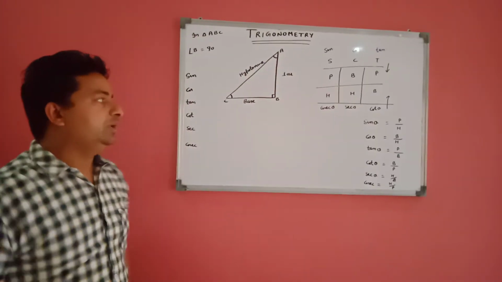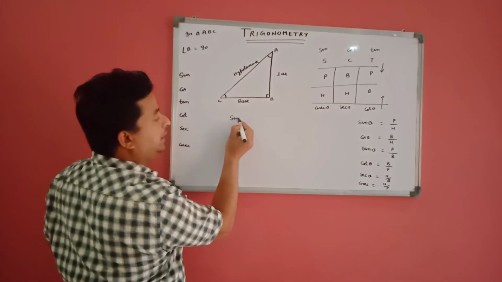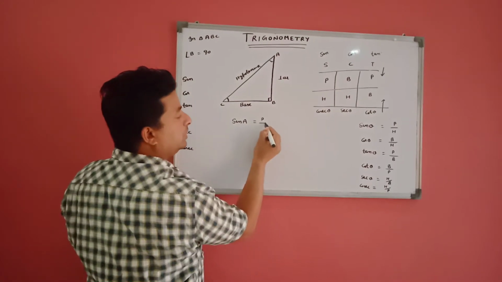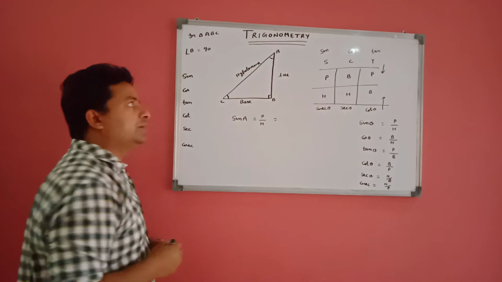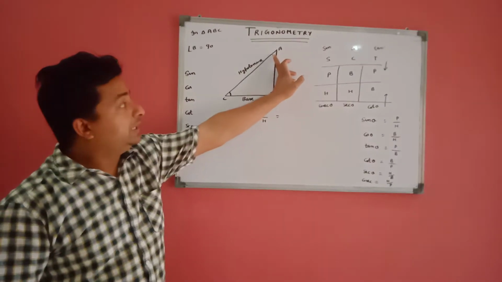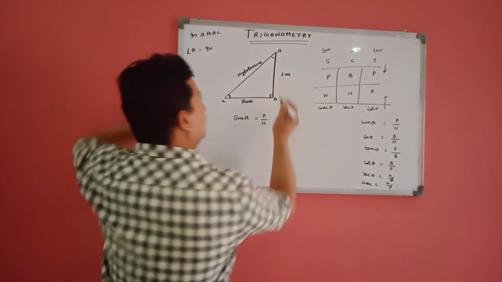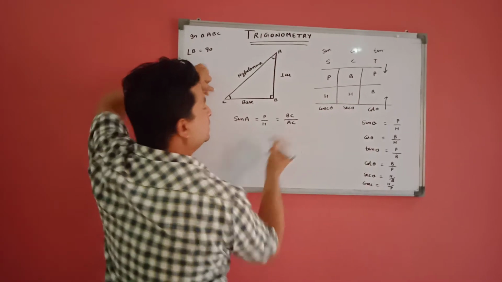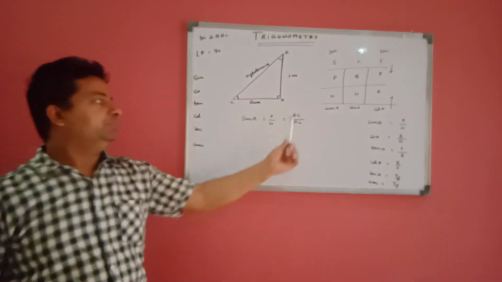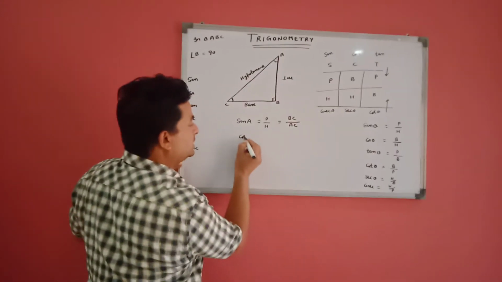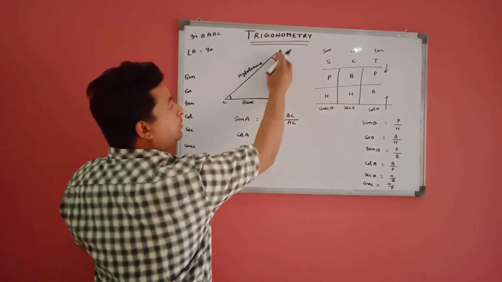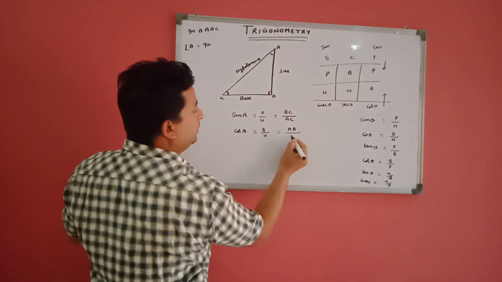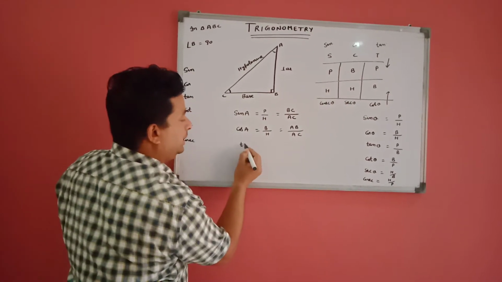In this triangle, if we find sine of angle A, sine is perpendicular over hypotenuse. The side opposite to angle A is the perpendicular and the hypotenuse always remains fixed. That is, sine A is BC upon AC. For cos A, the base is AB and the hypotenuse is AC.